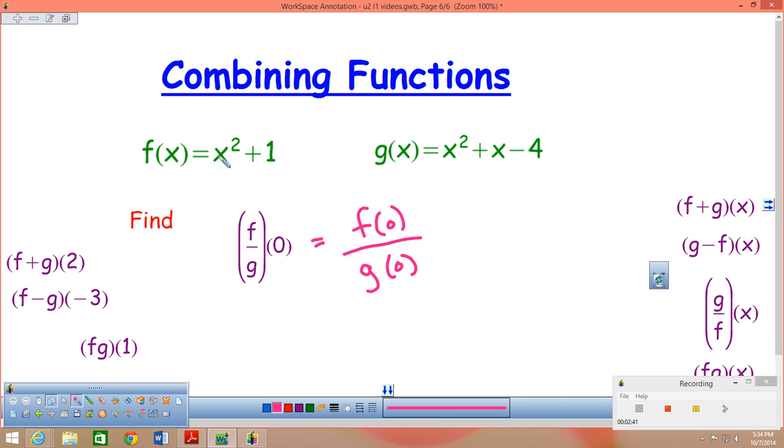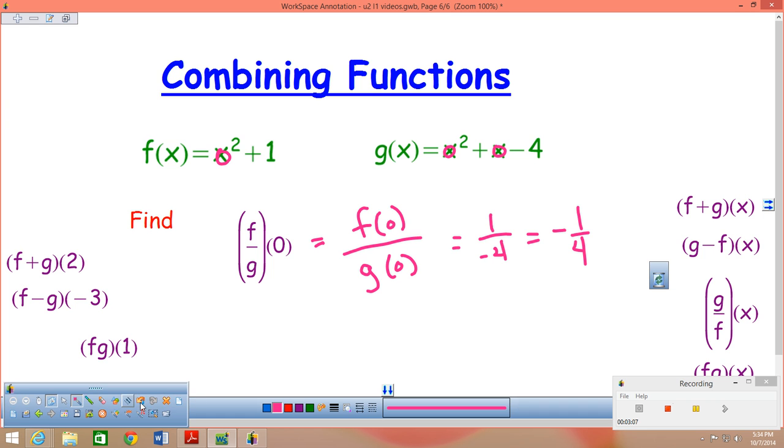Putting 0 in for x right here, I get 0 squared plus 1. That's equal to 1. And putting 0 in for x here and here, that is 0 plus 0 minus 4. That's negative 4. So this final answer is negative 1/4.